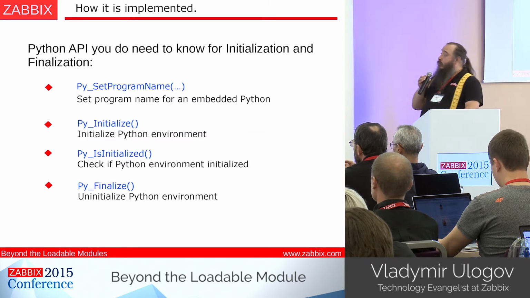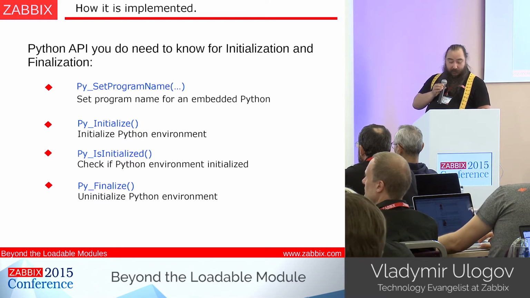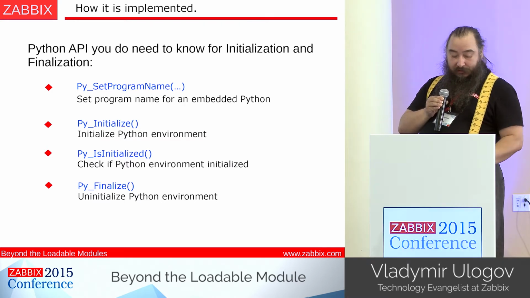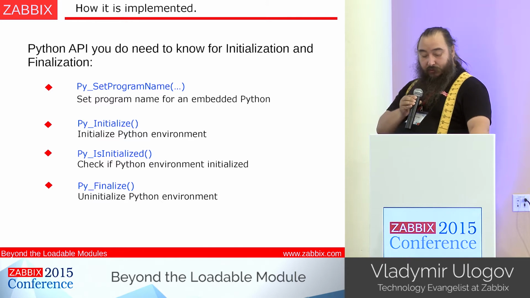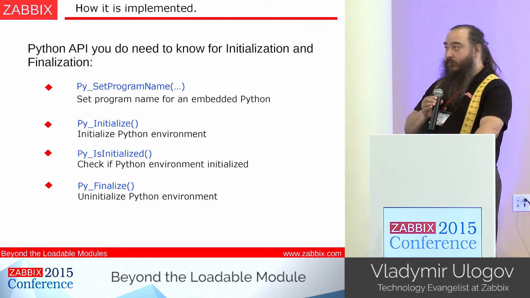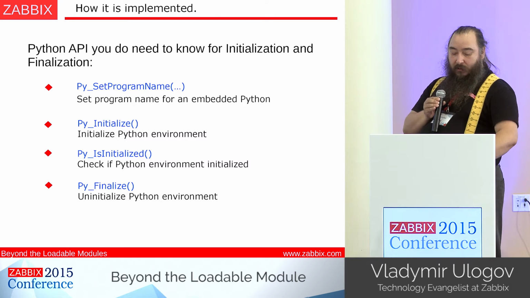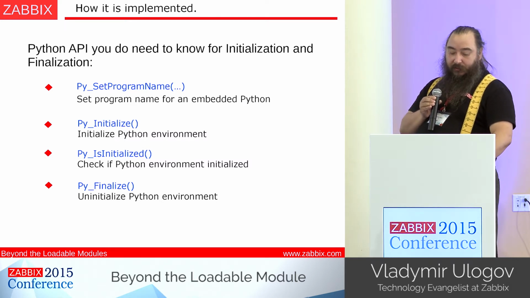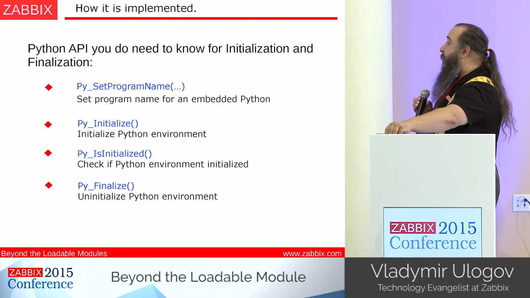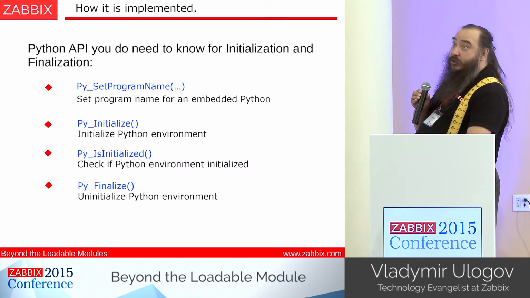Okay, enough talk about data conversion. Next step is initialization and finalization. If you want your Python environment to be able to execute the code, you need to run the following routine to initialize the Python environment. First, set the program name. And in my example, in the module, I set the program name as zabbix_agentd, for example.